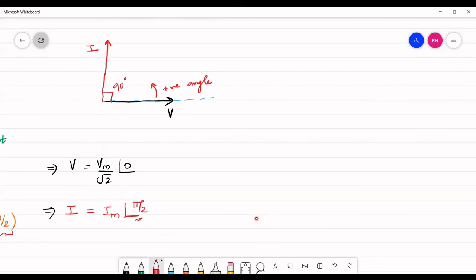The inferences drawn from the above discussions are: voltage lags current by an angle of 90 degrees, or it could be said current leads voltage by 90 degrees.